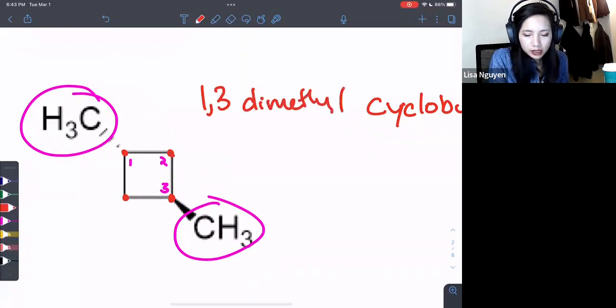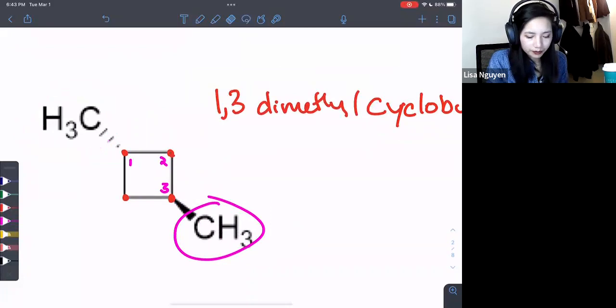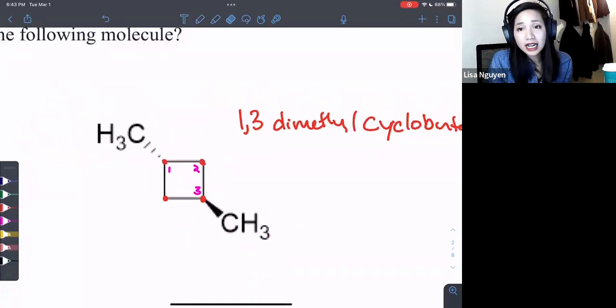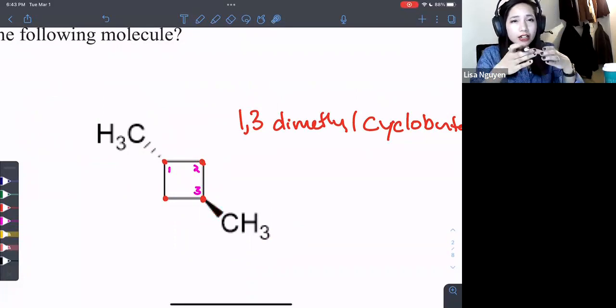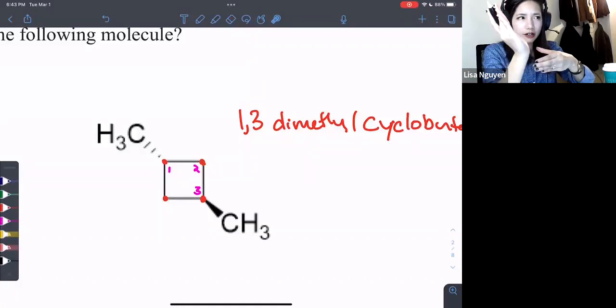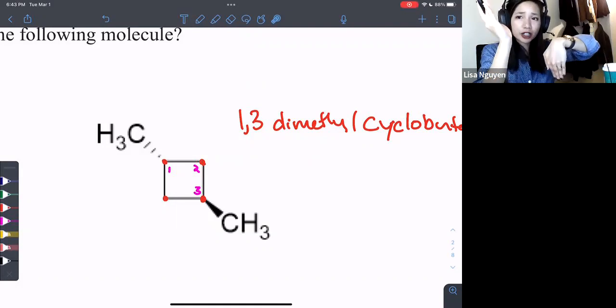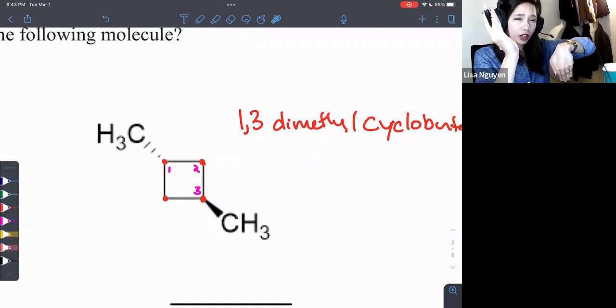But what's a little bit tricky here is that I have indicated stereochemistry here, that you see some wedges and dashes. So I'm trying to convey to you, like I have a flat square. One of the methyl groups is going up and the other one is going down. So these 2 substituents are trans to one another.